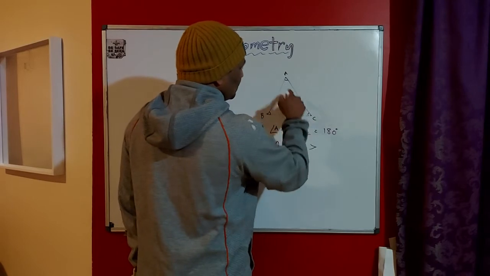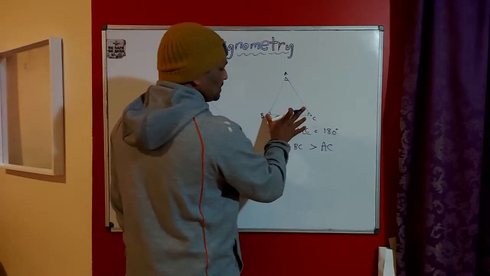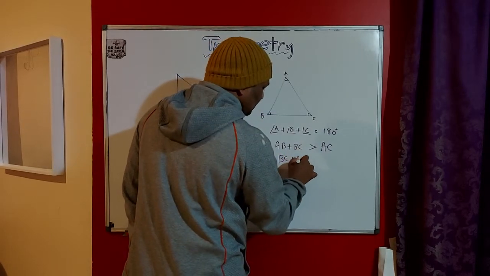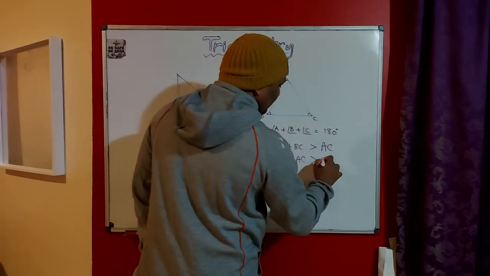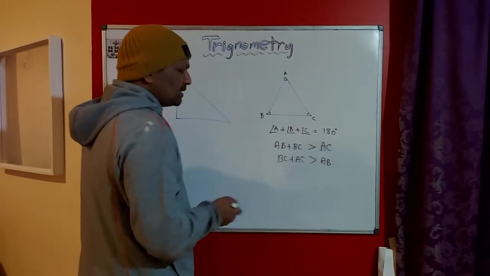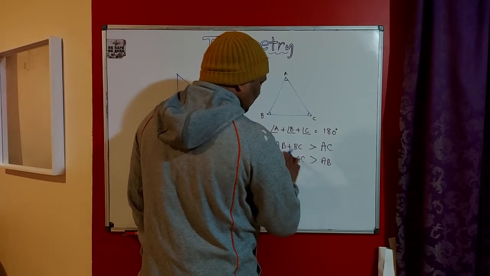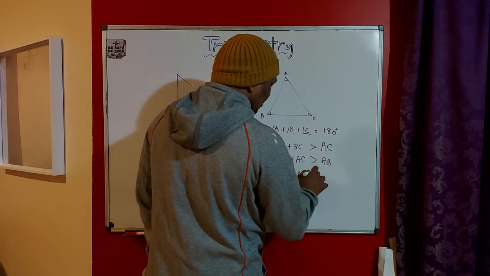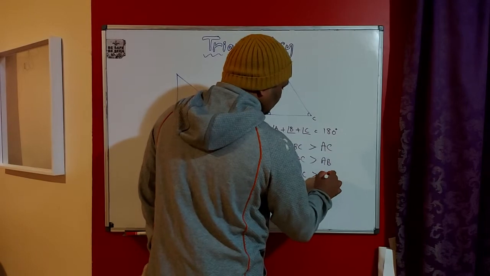AC. Similarly, if you take the other two sides, BC plus AC should be greater than AB. Similarly, AB plus AC should be greater than BC.